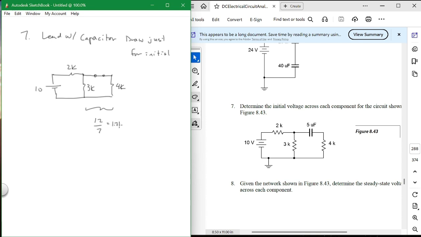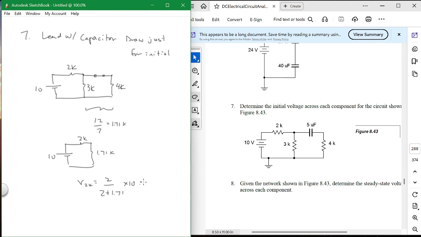1.71K. Okay. So then I use voltage divider. 10 volts, 2K, 1.71K. What's the voltage across the 2K? Voltage across the 2K is equal to 2 over 2 plus 1.71 times 10.